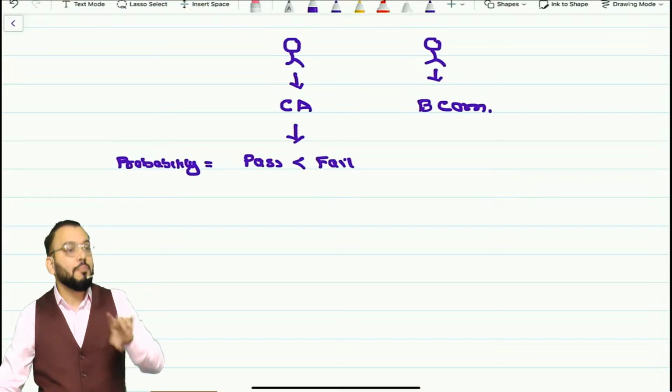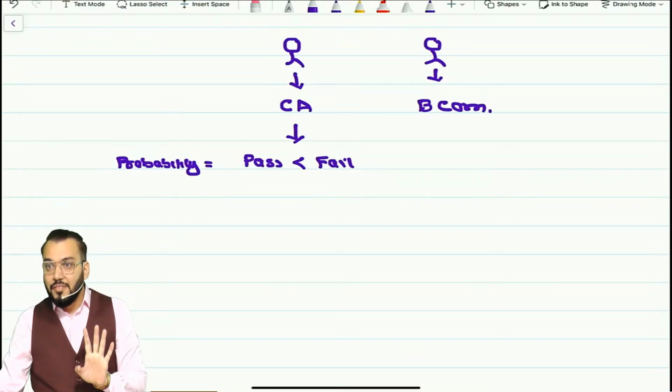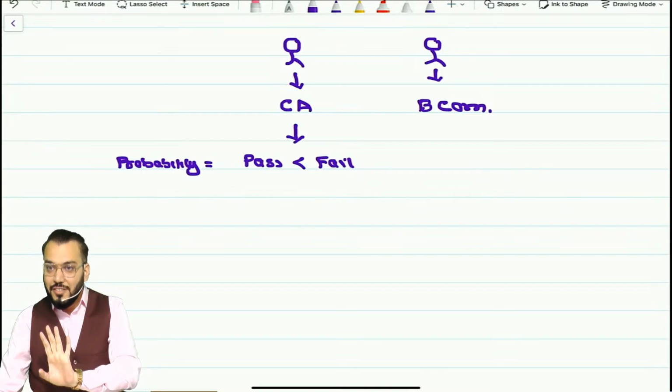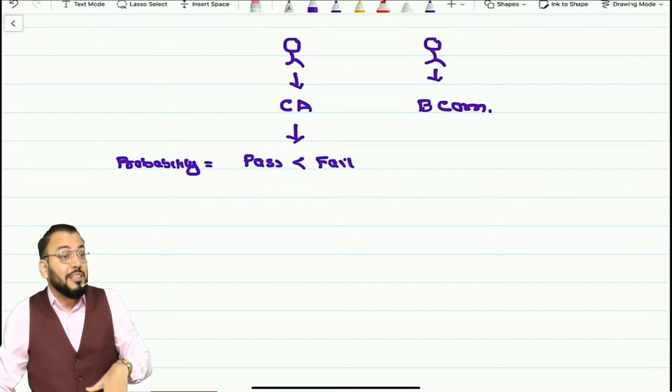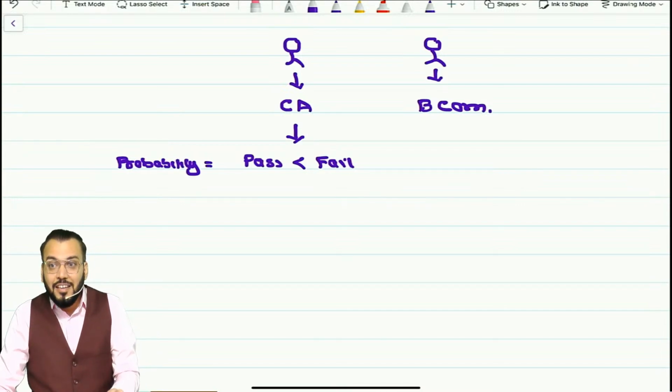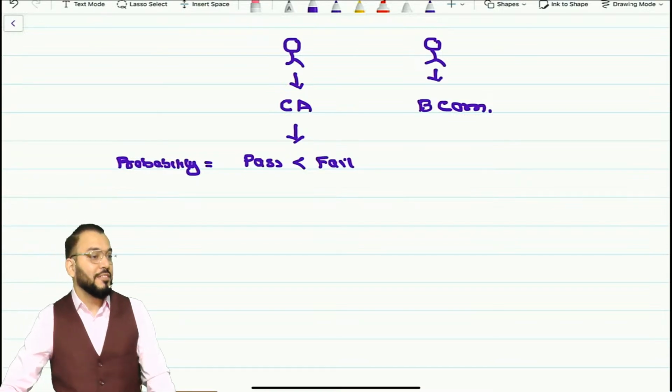It does not mean you will not pass. It does not mean you will not pass, but the probability of passing that exam is less. So on that basis of probability, you will react. Understood?